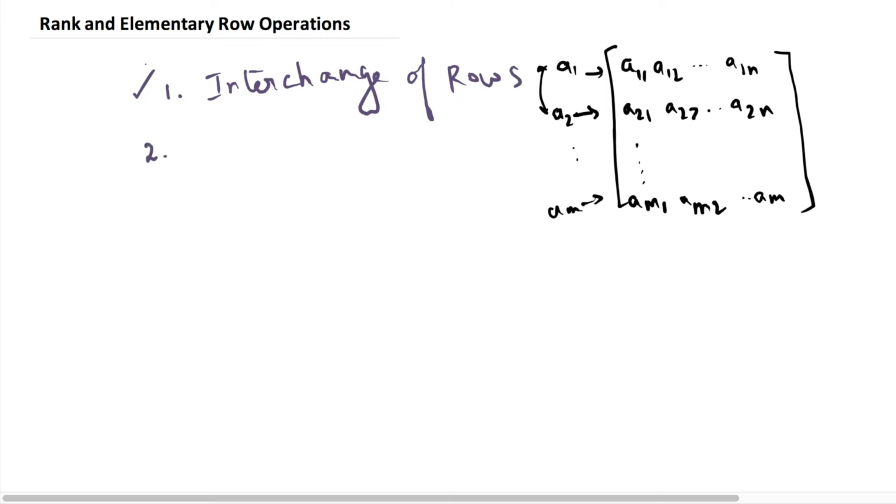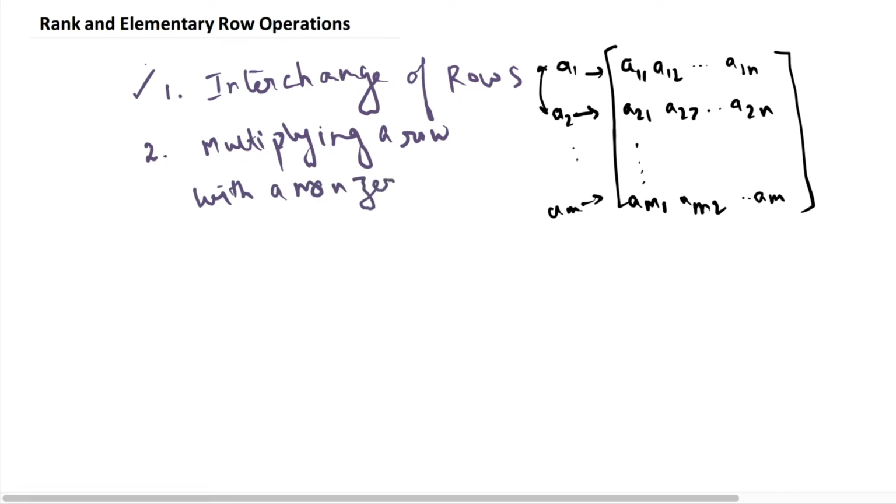All right. The second is multiplying a row with a non-zero scalar, right? And again, that's easy to say. So let's say I multiply the row vector A2, that is this entire row here, with a non-zero scalar, say c.